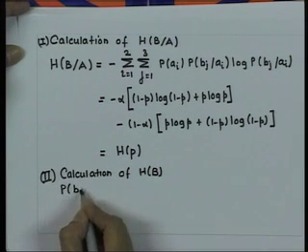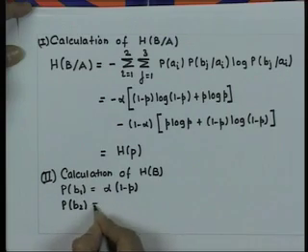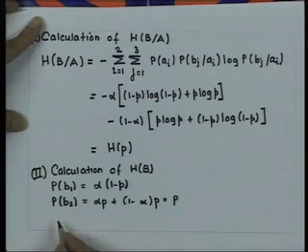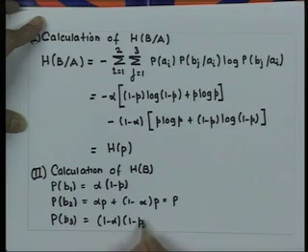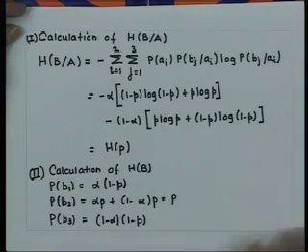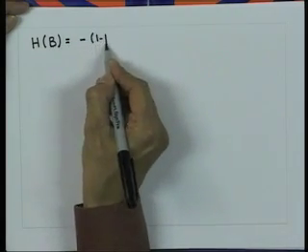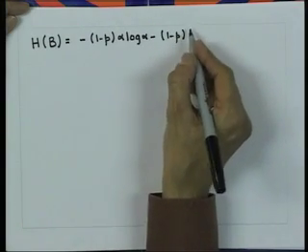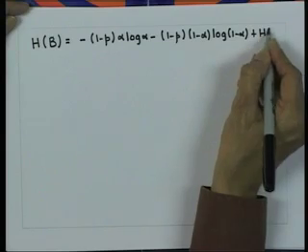So, probability of B1 is equal to alpha times 1 minus P, probability of B2 is equal to alpha P plus 1 minus alpha P, which is equal to P, and probability of B3 is equal to 1 minus alpha into 1 minus P. Using these probabilities, we can show that H(B) is equal to minus 1 minus P alpha log alpha minus 1 minus P into 1 minus alpha log of 1 minus alpha plus H(P).